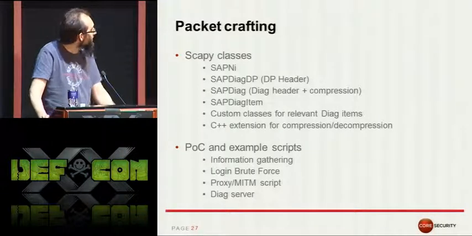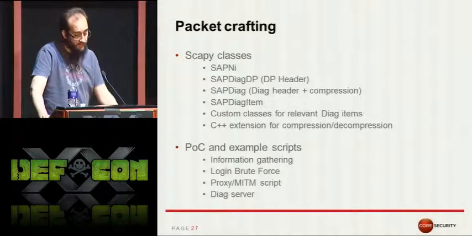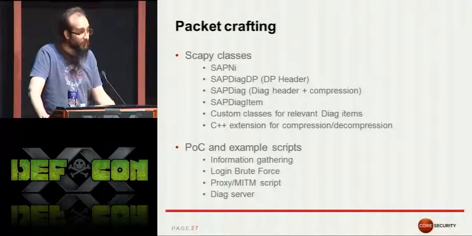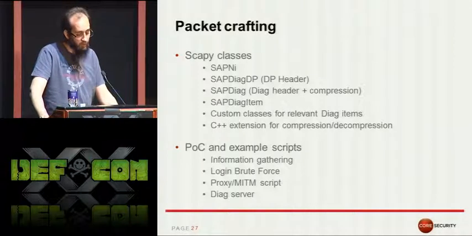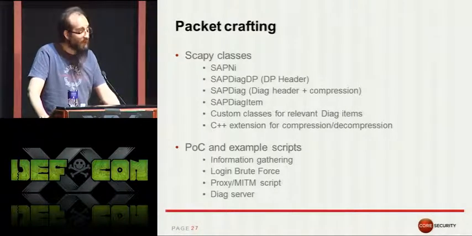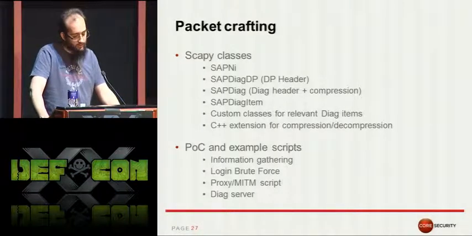So there are 4 main classes: the SAP network interface class, another class for the Diag DP header, the main one for the Diag protocol, which is the one that handles all the compression, and one class for Diag items.